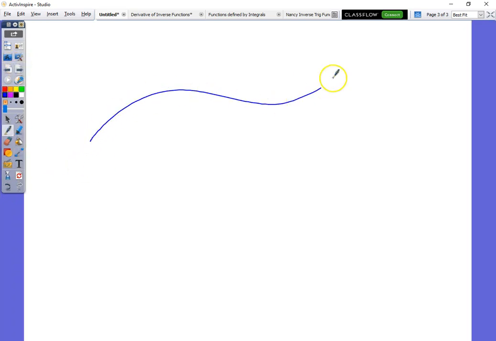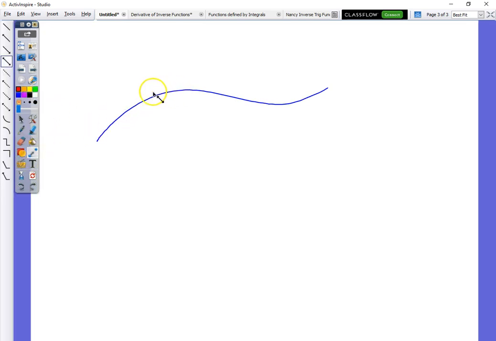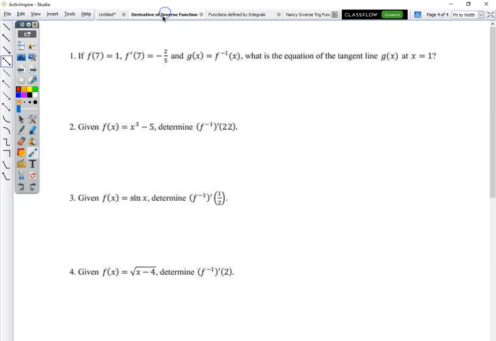But if we have something that changes concavity in the middle, then sometimes we can wind up in a situation where, if I draw a tangent line here, everything's good, but then when it changes concavity, I go from an overestimate to an underestimate, and that's where we sometimes get a little fishy.